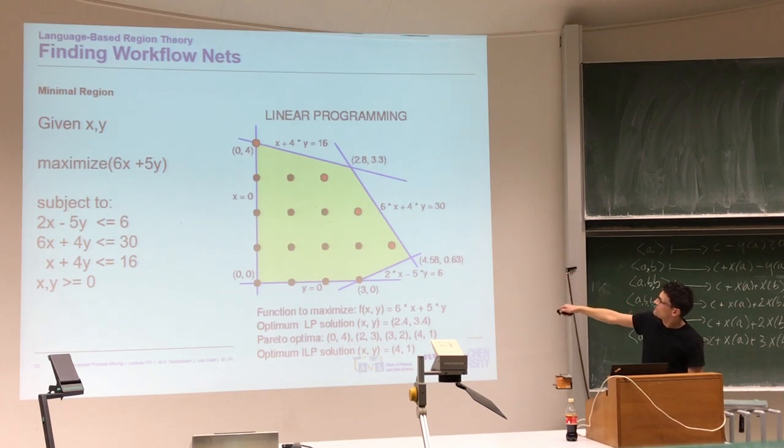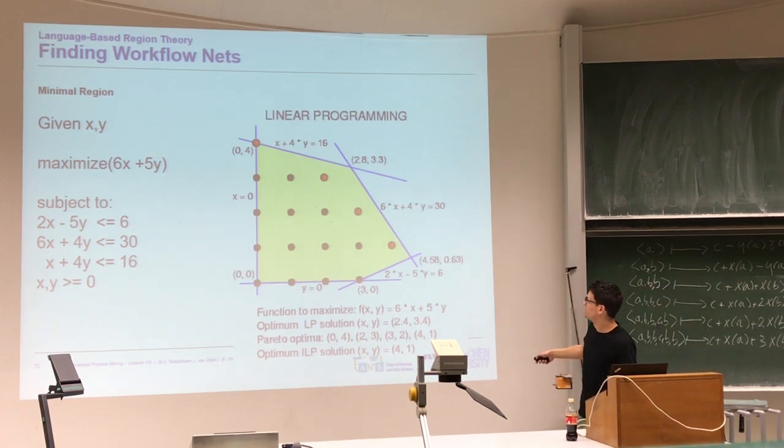The black and red dots represent integer value solutions, and the optimal solution is 4, 1. This is the optimal integer solution, and the red solution is the Pareto optimum.